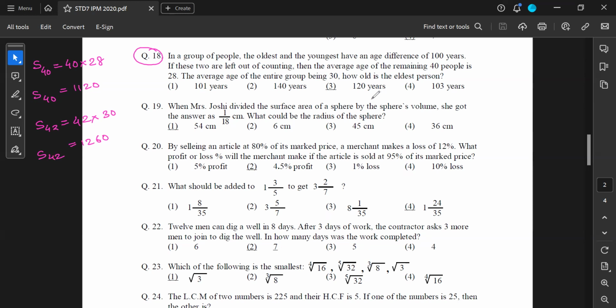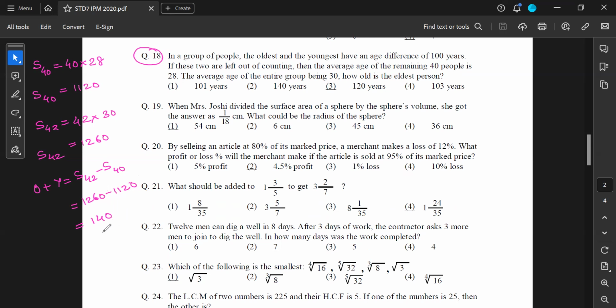How old is the eldest person? So when I subtract them, the sum of oldest plus youngest is equal to the sum of 42 minus the sum of 40. That will give me 1260 minus 1120. I'll be getting the answer as 140.